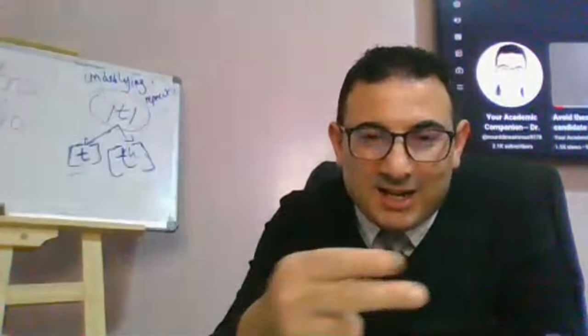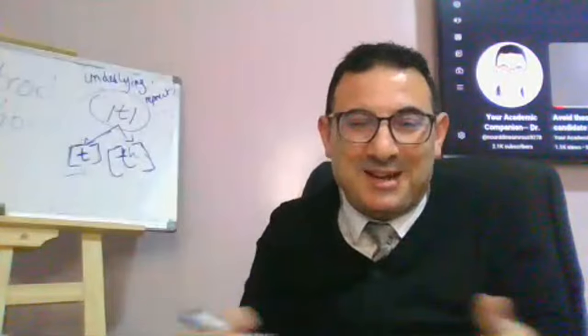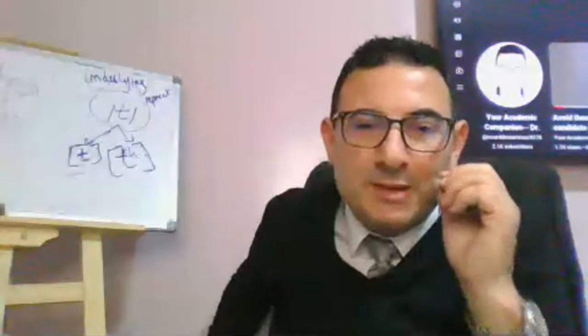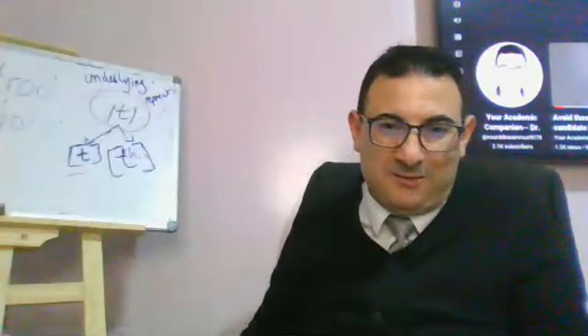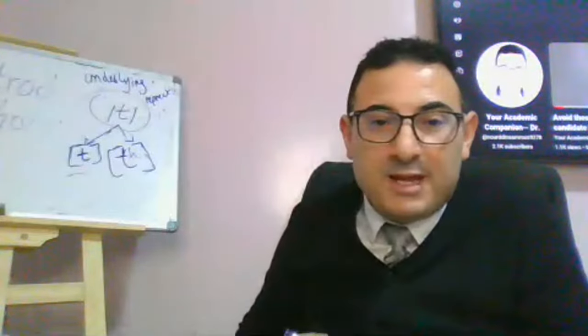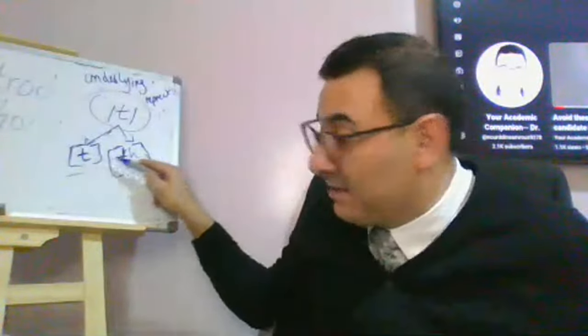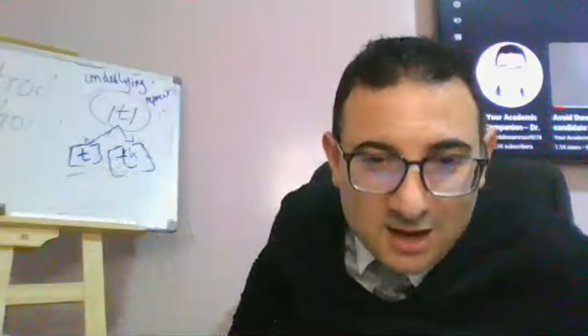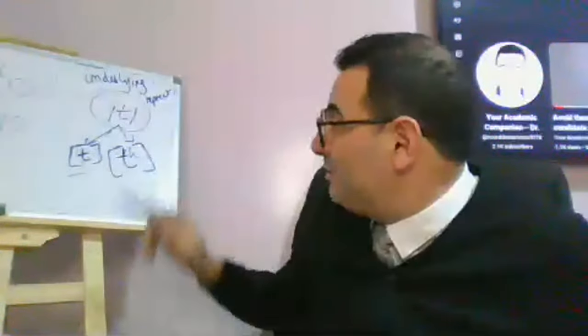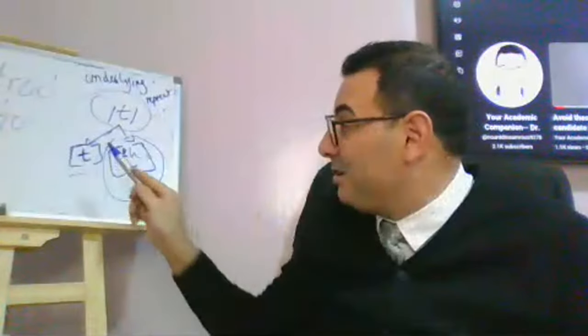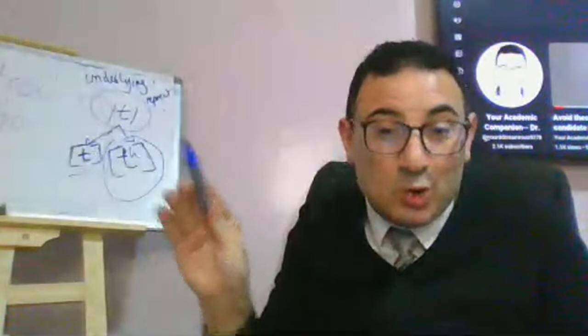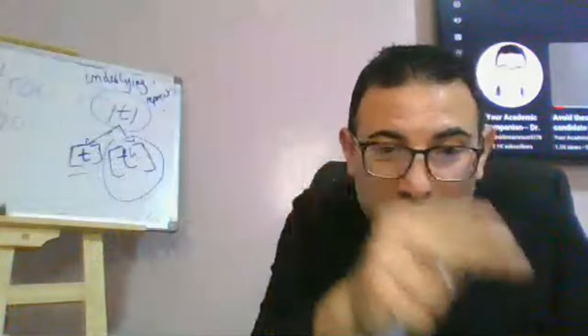So it's like you are in complementary distribution. I'm sorry, it's a bad example, but it means where one exists, the other is excluded. So the environments, we say t and t, are in complementary distribution. It's because where the sound t exists, this does not exist, and vice versa.